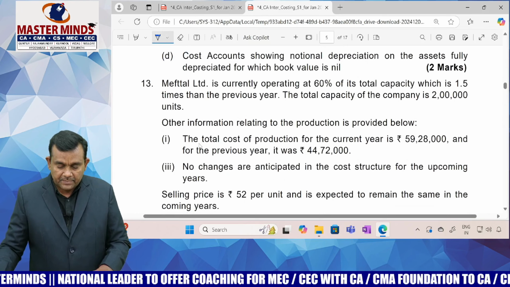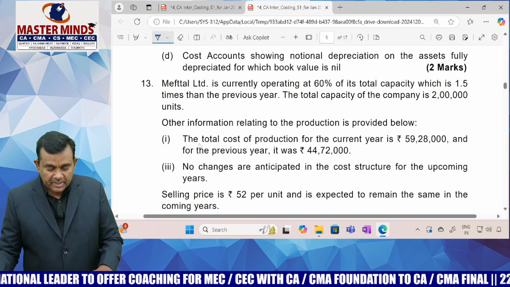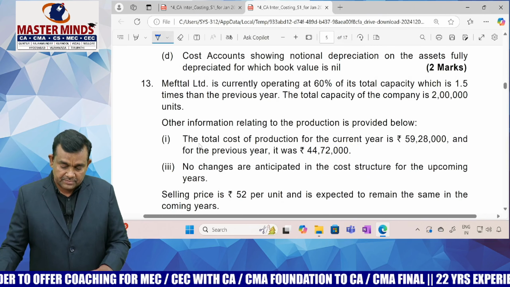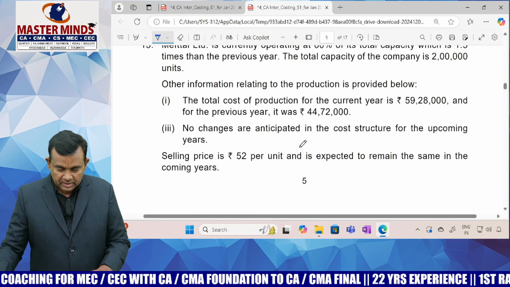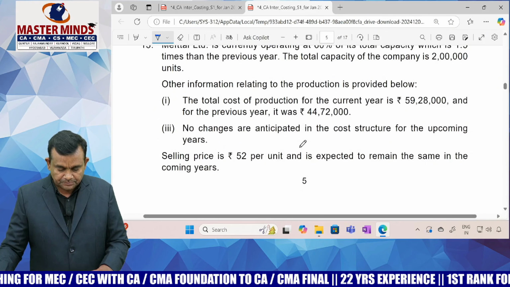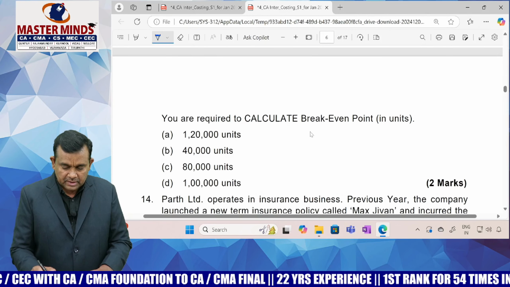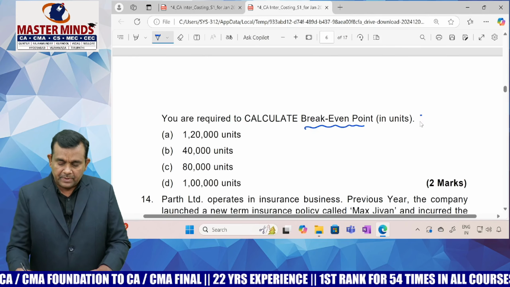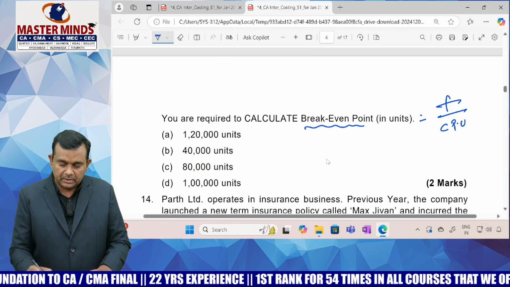Company is currently operating at 60% of its total capacity, which is 1.5 times than the previous year. The total capacity of the company is 2 lakh units. Other information relating to production is provided below. So this question is related to marginal costing sir. Break-even point equal to fixed cost divided by contribution per unit.